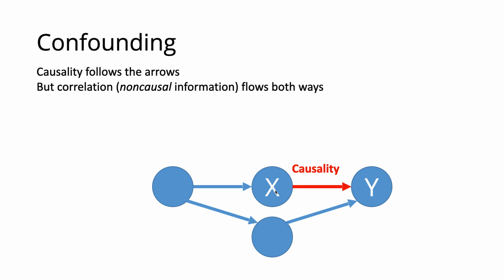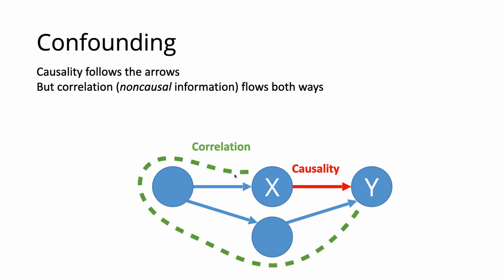However, observational correlation, so non-causal information, flows in both directions, which means that there's a non-causal path from x to y that goes around this way.